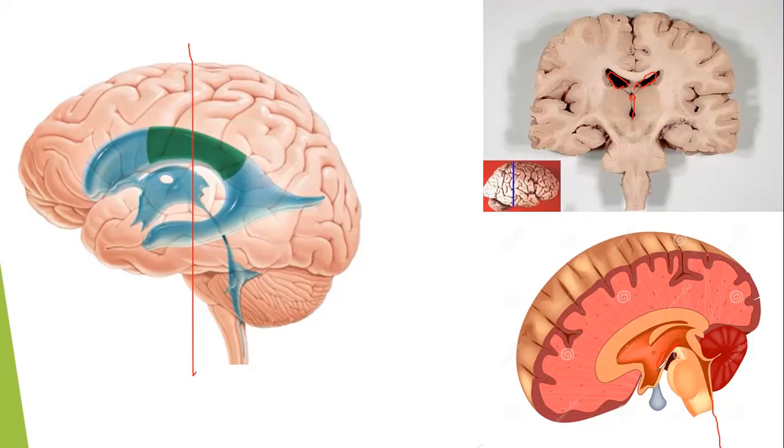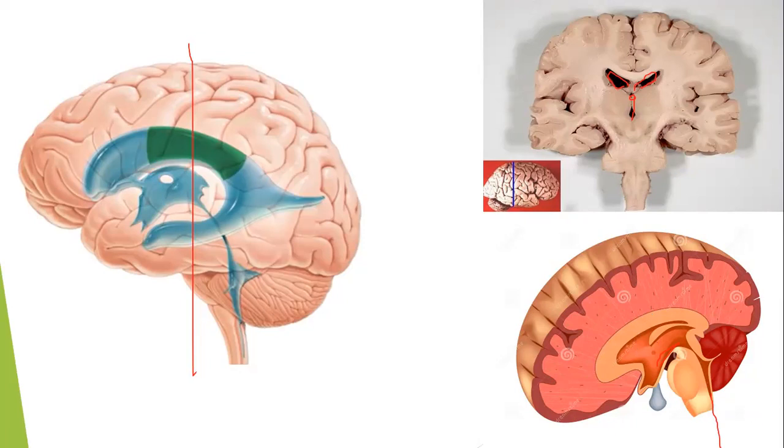So they synthesize this fluid that is found within the ventricles and within the canal. And that fluid is what you call the cerebrospinal fluid. It's the one that nourishes the brain tissues. It also nourishes the spinal tissue. So all the cells of the spinal cord and the brain are nourished through this cerebrospinal fluid.